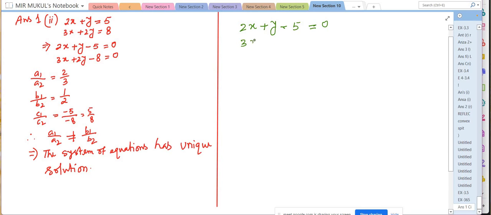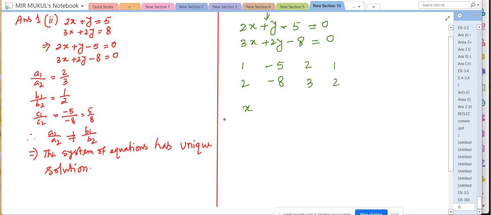Second equation 3x plus 2y minus 8 equals 0. Start from coefficient of y. So 1 and minus 5, minus 8. Then 2, 3. And last one 1, 2.